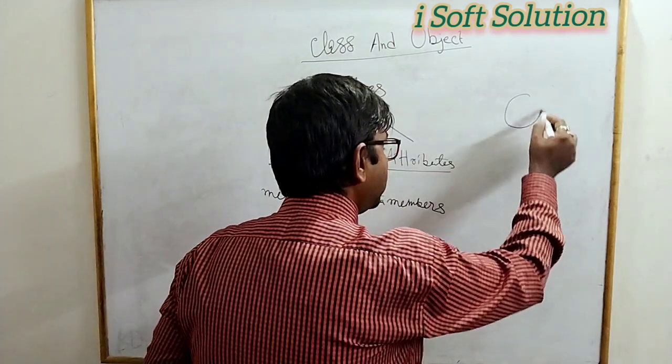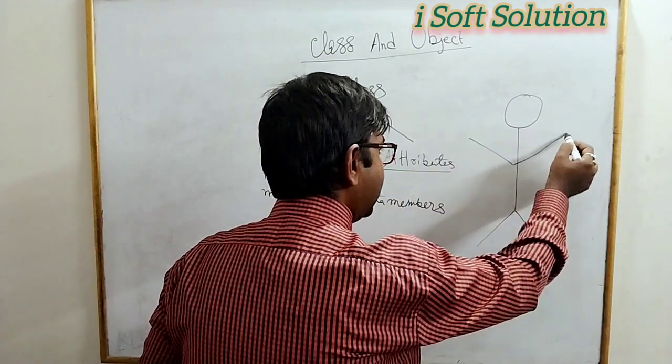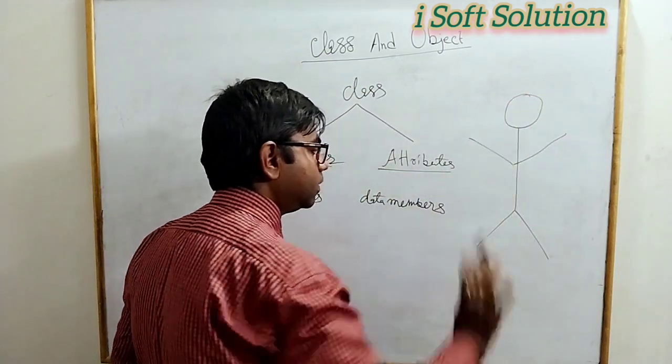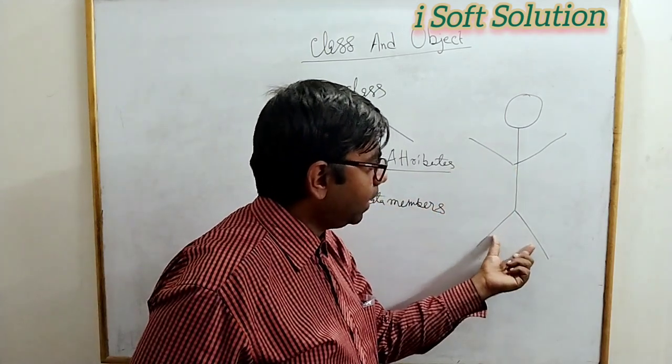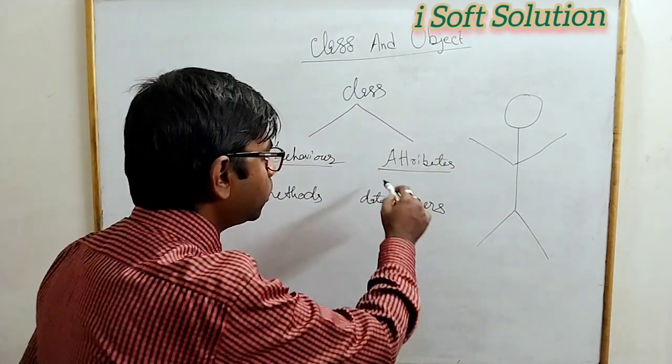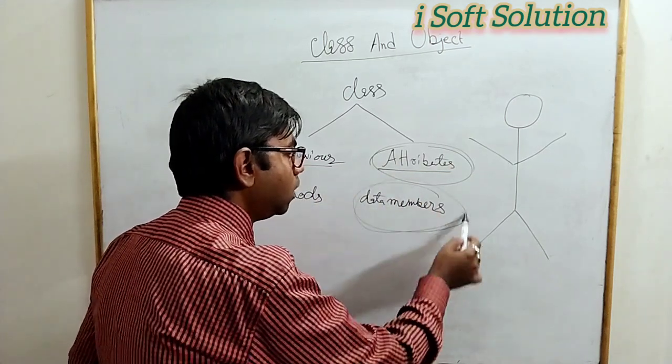Like suppose this is a human being with 2 hands, 2 legs, 1 head. So these 2 hands, 2 legs and 1 head is the attribute. This is the data members of this class.